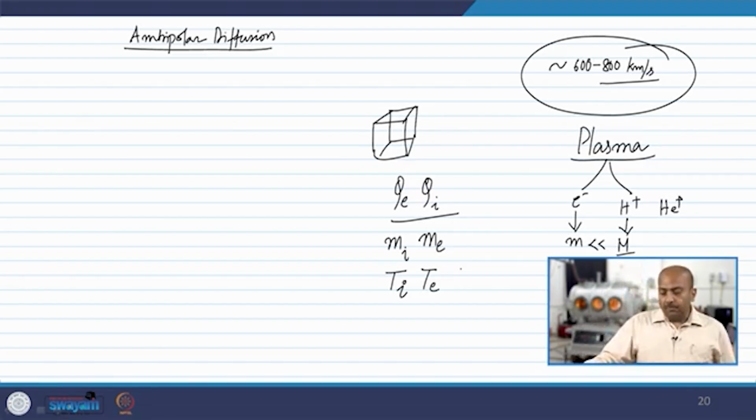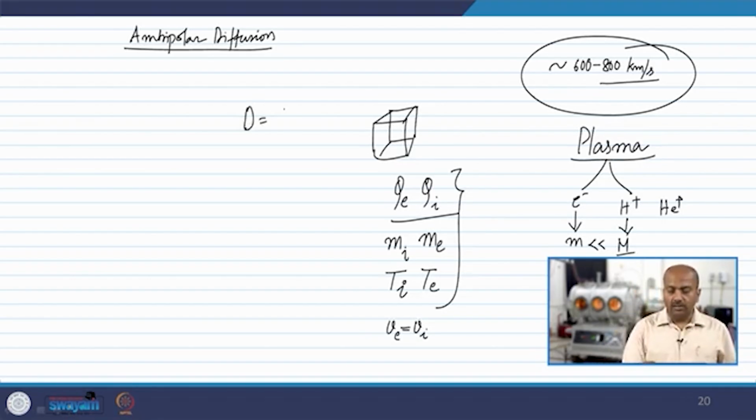Now, obviously, these things are different, but what you see is that the velocity of electrons and the velocity of ions is the same. If you bring something that you know already, the diffusion coefficient for plasma, kBT by m nu, right. So, obviously you would expect that lighter mass particles will diffuse faster. That means the electrons will diffuse way faster in comparison to the ions, right.